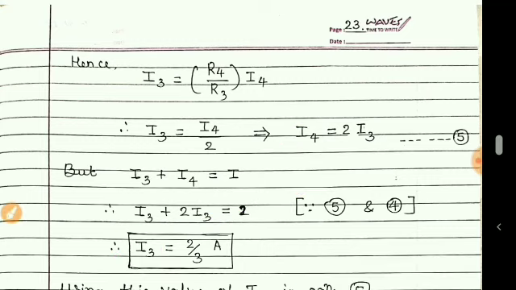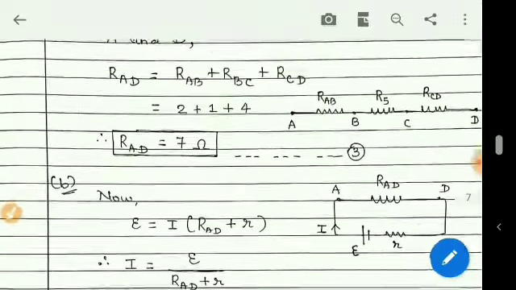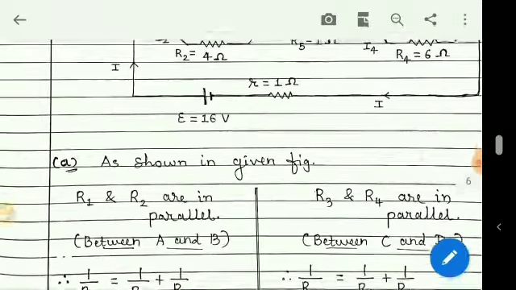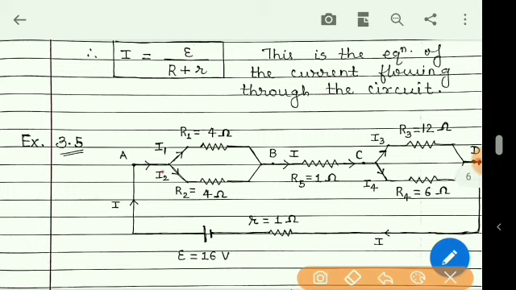So we get the currents through each resistor, that is I1, I2, the current through R5, as well as current I3 and current I4.